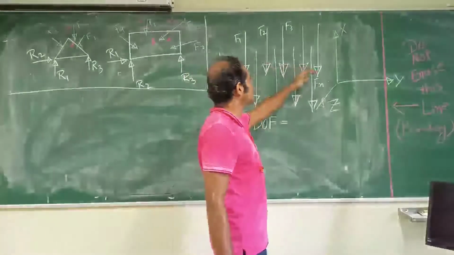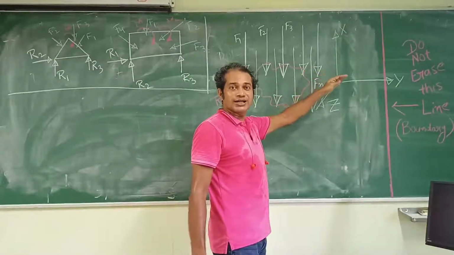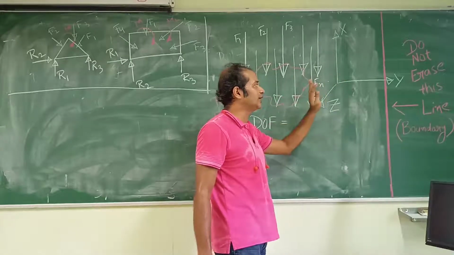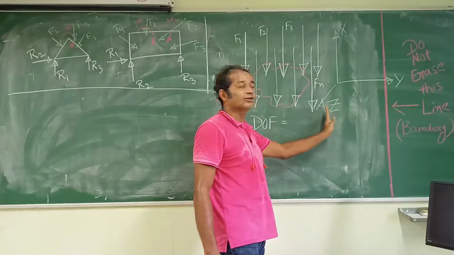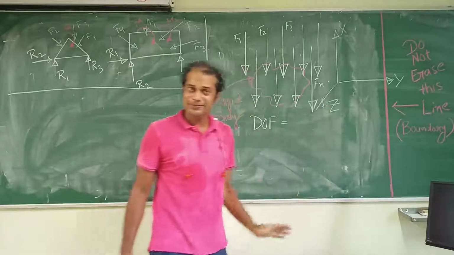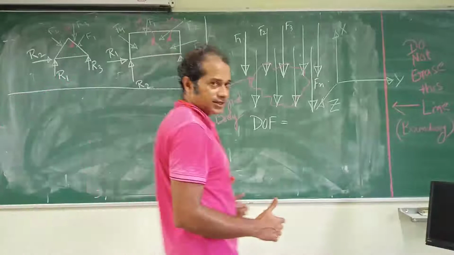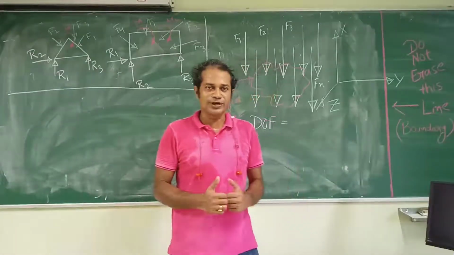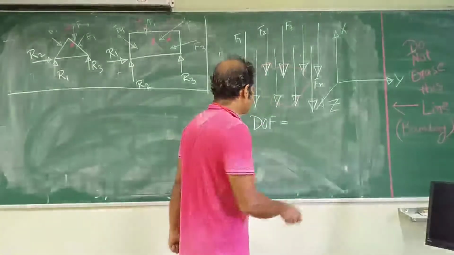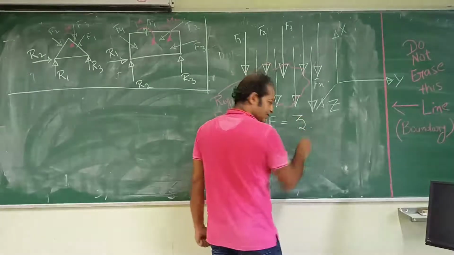There exist two perpendicular translational directions, but there is no force, which is why it cannot translate along y or along z. So if I am stationary, in static equilibrium, the degrees of freedom is equal to 3.